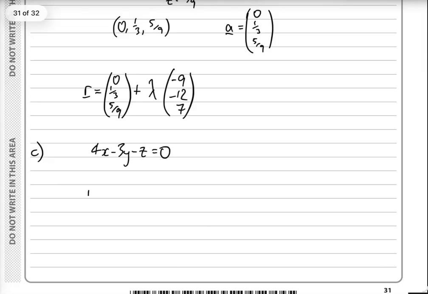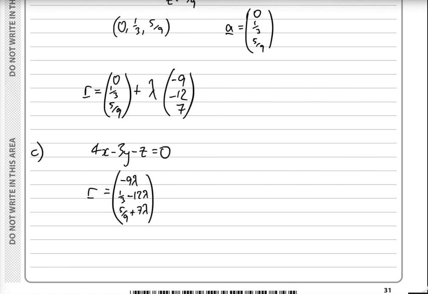So I'll use the general point, the line equation above. We've got 0 plus minus 9 lambda, 1/3 minus 12 lambda, and 5/9 plus 7 lambda.